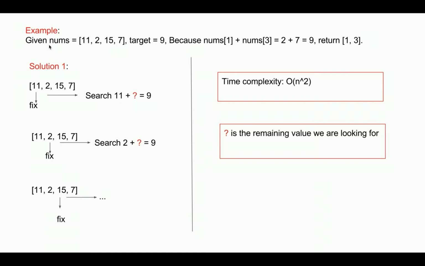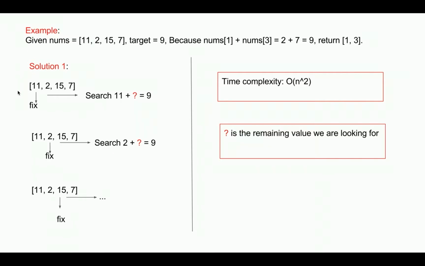Here's the array 11, 2, 15, 7, and the target value is 9. Since 2 and 7 add up to 9, and the indices are 1 and 3 respectively, we need to return 1 and 3.